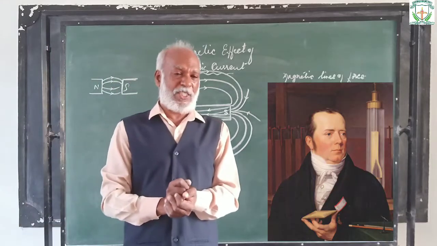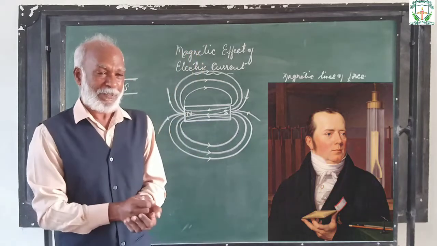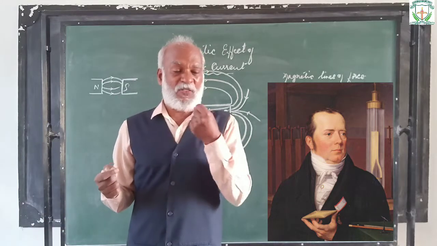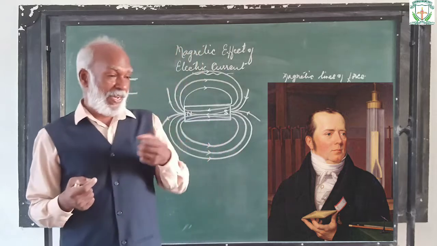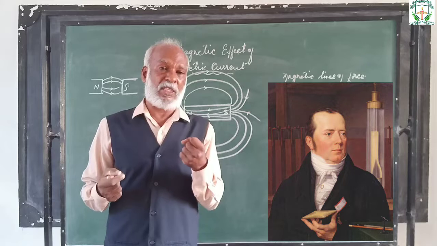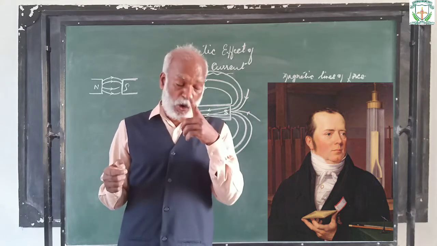Hans Christian Oersted demonstrated the experiment and showed to the world the magnetic effect of electric current, and as a respect to this scientist, the magnetic field strength is measured in a unit called Oersted.